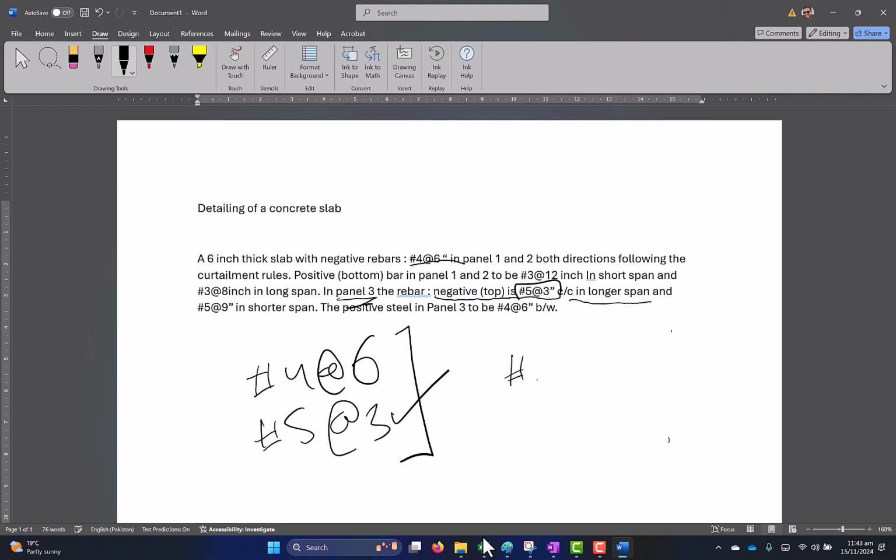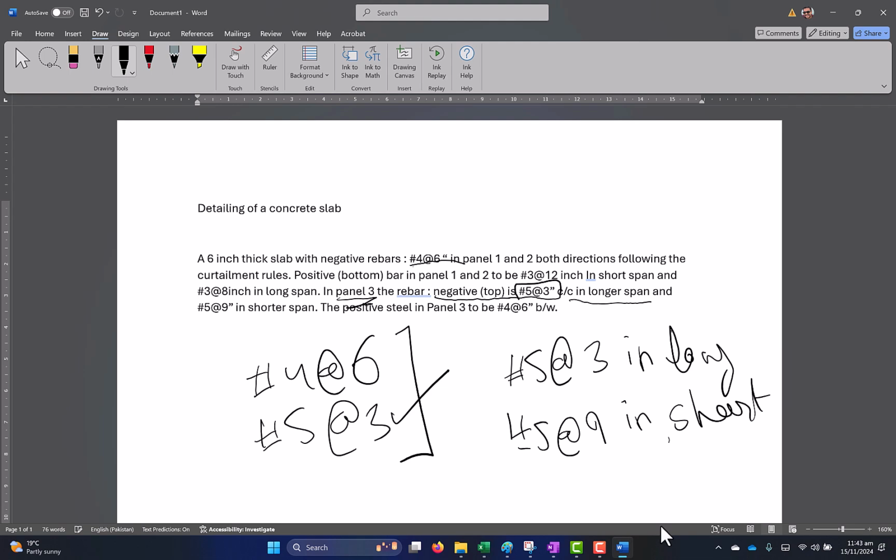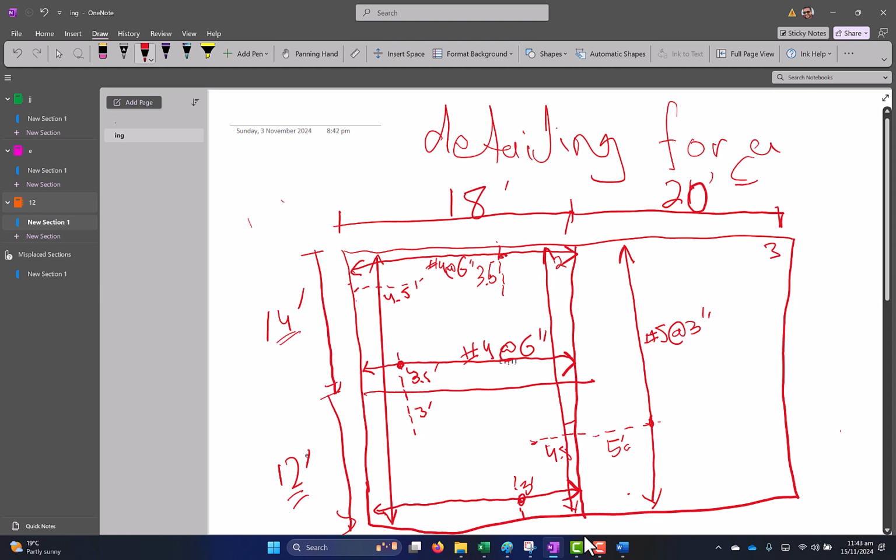Number 5 at 3 in long span and number 5 at 9 in short span. Where is the short span? How much is this?